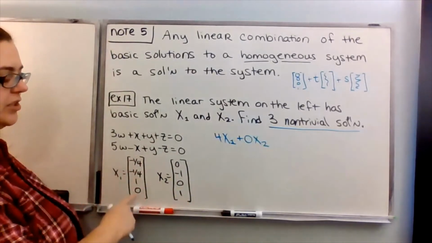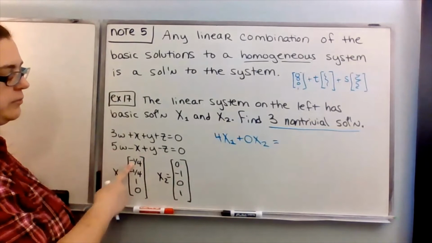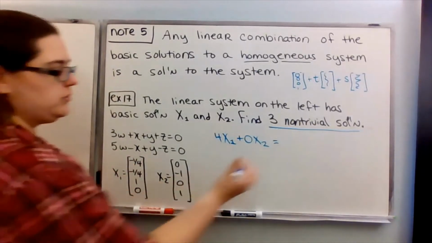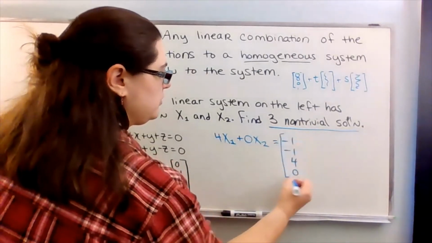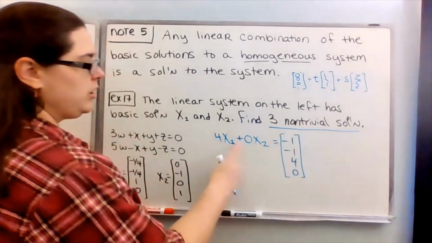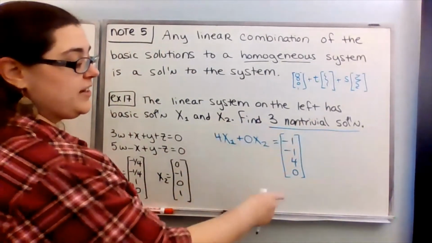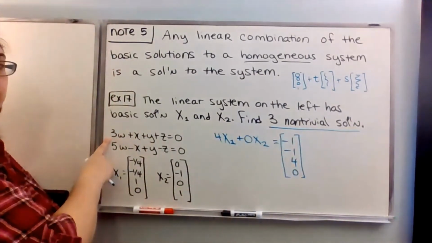So I'm going to multiply each of these values by 4. So that's going to be -1, -1, 4, and 0. Plus 0, there's nothing else there. So that's it. This is one non-trivial solution to this system here.